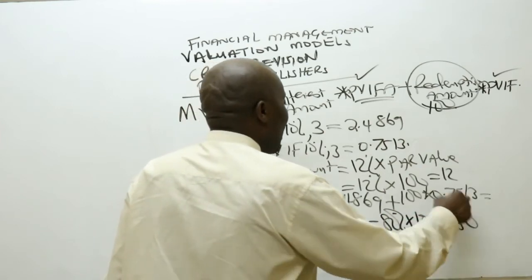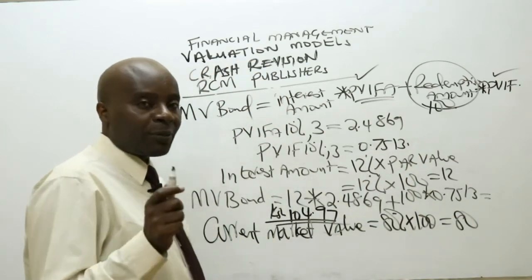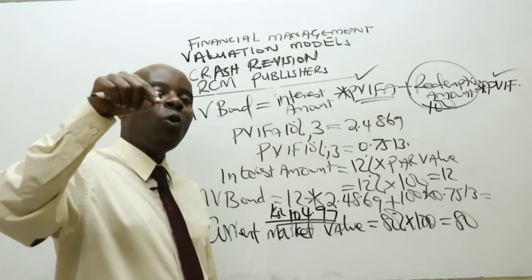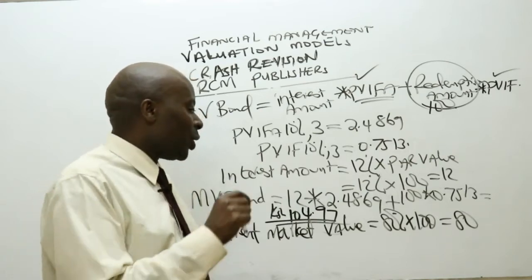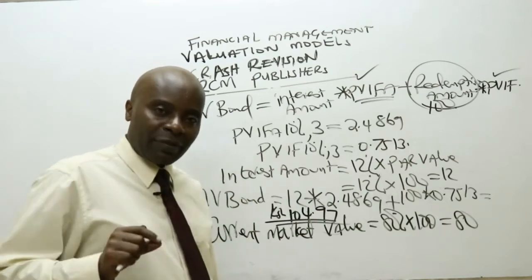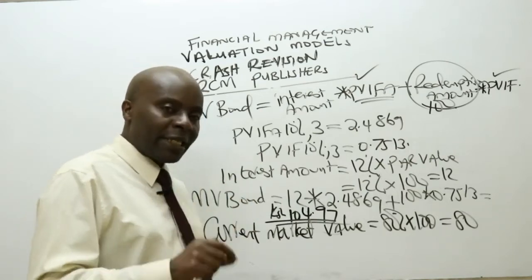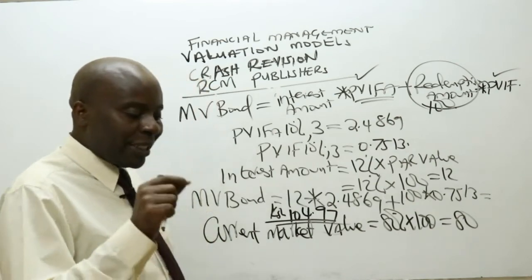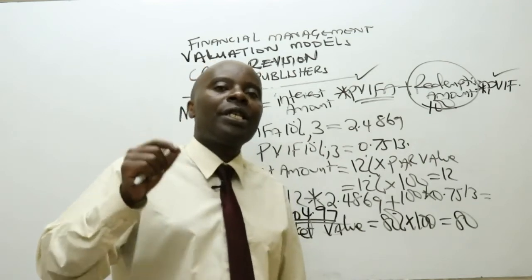This will give me 80 bob. So this particular bond is being sold for 80 bob currently, but we know that its truthful value is 104.97, meaning that the bond is currently grossly undervalued.